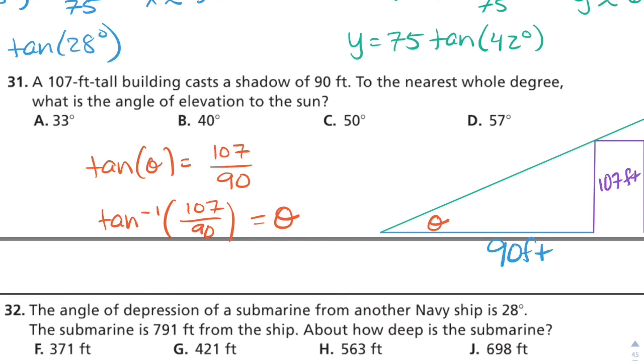Switch your inputs and outputs. Inverse tan, type that right in, and theta is approximately equal to 49.9 degrees. So we're going to say it is approximately 50 degrees to the sun.